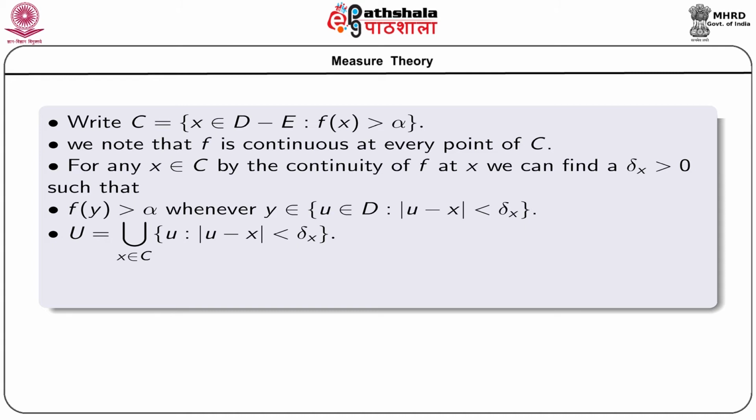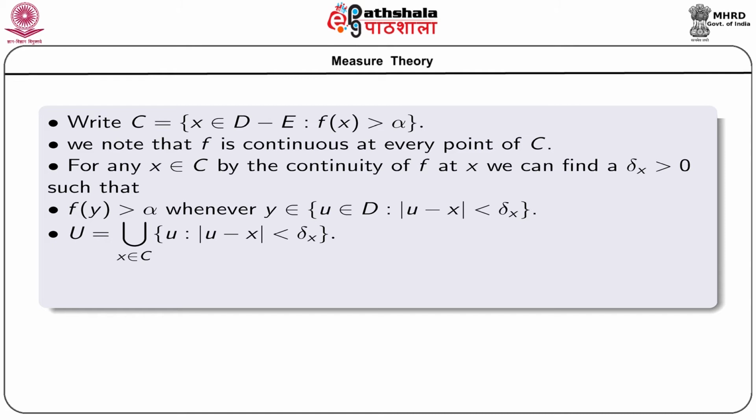Now, let us take the union of these sets, where |u minus x| is less than delta_x and x runs over C, as the set U. That is, U is the union over x belonging to C of the collection of all u where |u minus x| is less than delta_x.